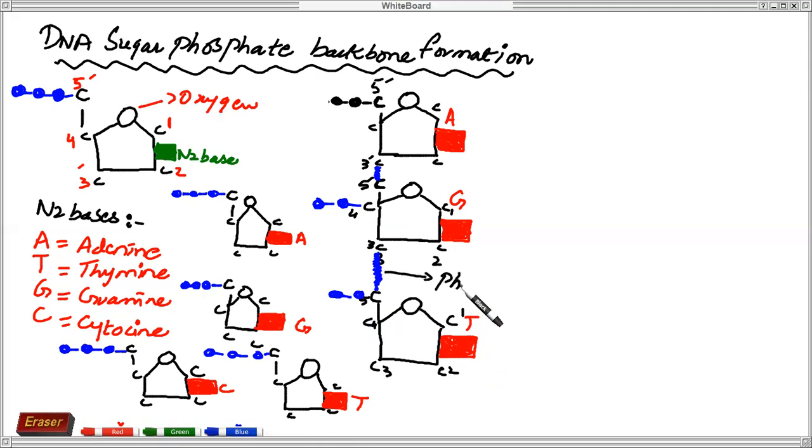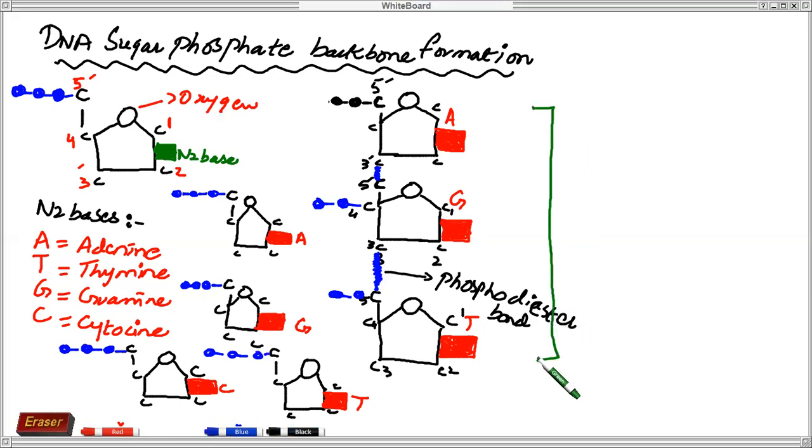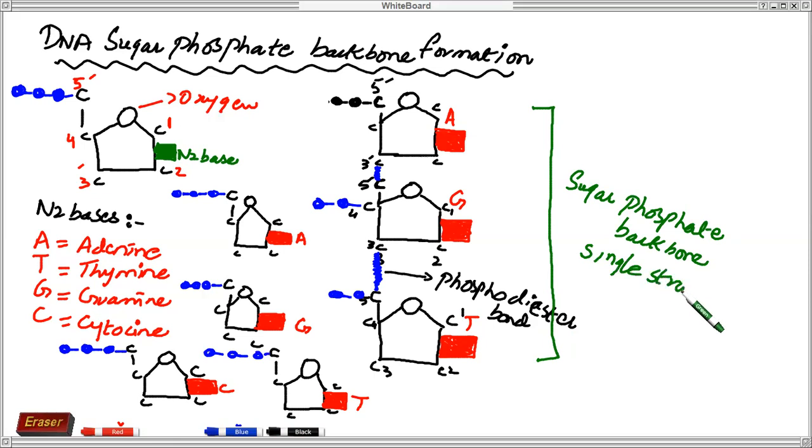This one is the phosphodiester bond. Understand? Phosphodiester. अच्छा, ये तो एक शुगर फॉस्फेट बैकबोन बनी। ये क्या है? ओवरऑल शुगर फॉस्फेट बैकबोन सिंगल स्ट्रैंड ऑफ डीएनए। लेकिन डीएनए सिंगल स्ट्रैंड नहीं होता है, डबल स्ट्रैंड होता है, डबल हेलिक्स होता है। So another strand should be in front of that, this strand.